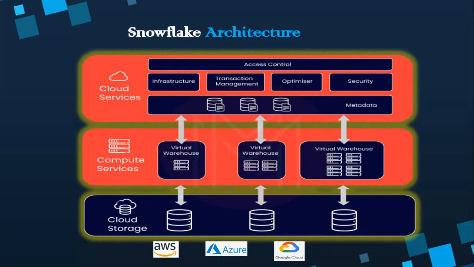Virtual warehouses will. A virtual warehouse will execute that query, fetch the data from the cloud storage layer below, do the aggregations, and the output will be given to the user.